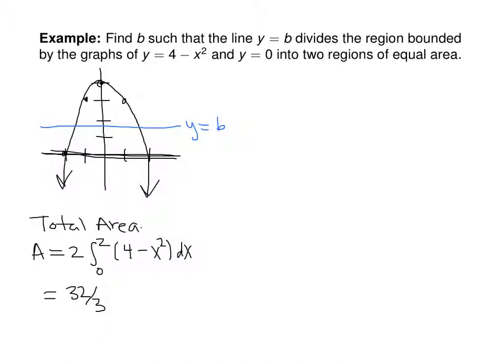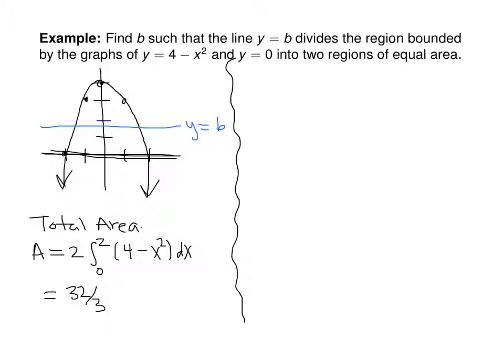All right, now to figure out where that line should be such that this curve is divided into two regions of equal area, it's actually easiest to think of stuff sideways. So I'm going to take this y equals 4 minus x squared, and I'm going to isolate the x.